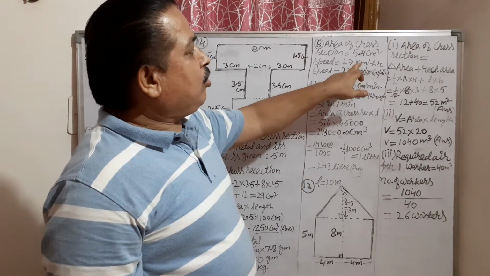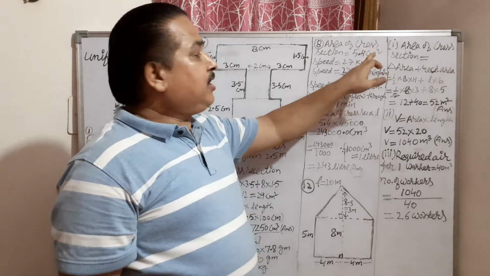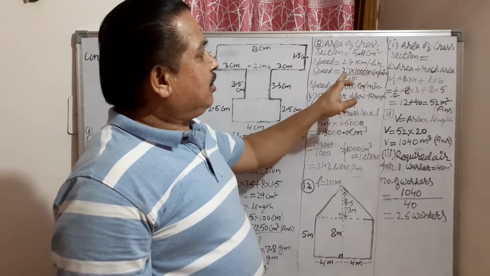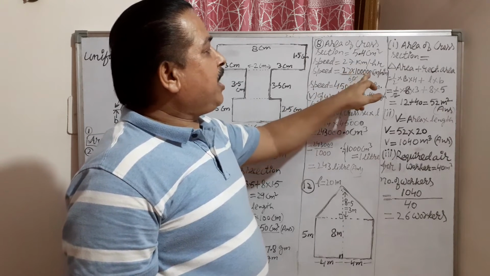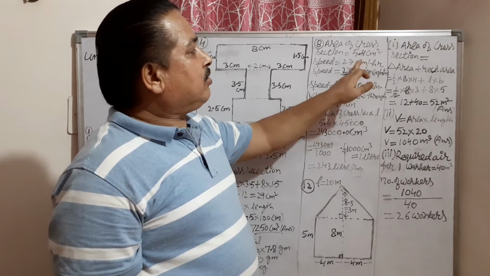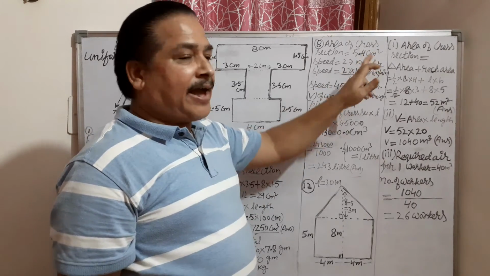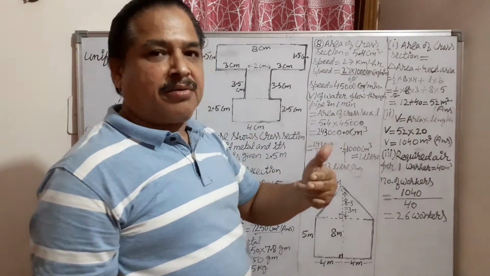So change this kilometer into centimeter because the area of cross section is given in centimeter. How can we change this kilometer into centimeter? Multiply by 1 lakh, because 1 kilometer equals 1 lakh centimeters. So just make the same unit as centimeter.